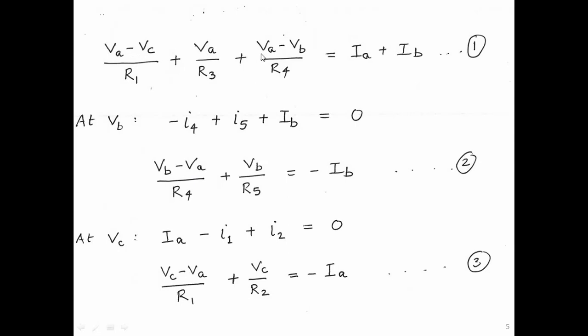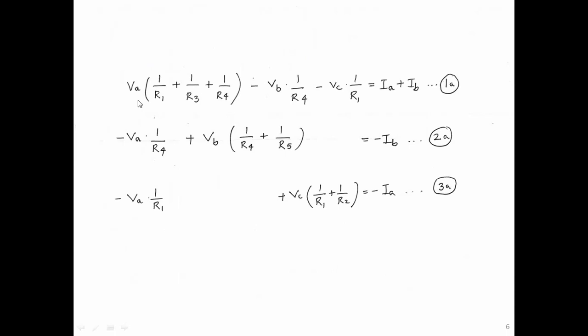We'll put all the VAs together and VC and VB, and similarly for each one. You have to do this yourself, and then we'll get this set of equations. So we'll get VA into something minus VB into something minus VC into something, etc. Alright, so we've got 3 equations and 3 unknowns, and we can solve these.